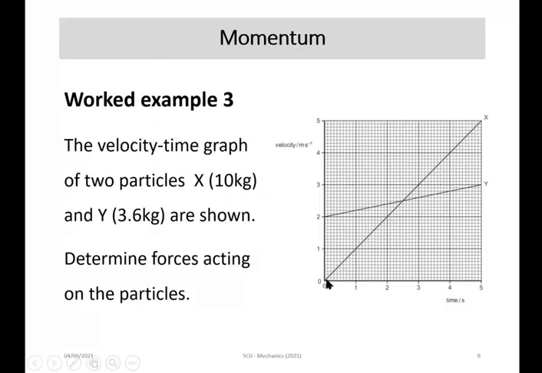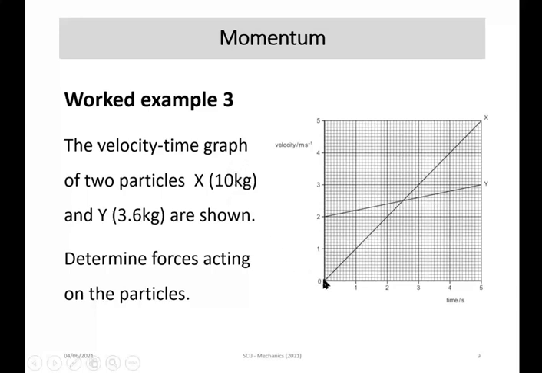So here we are. Let's go for the x. I will choose the initial velocity to be 0 to make things simpler, so the initial momentum will be 0, and the final velocity is 5 meters per second. I'll multiply this by 10 to give me the final momentum.